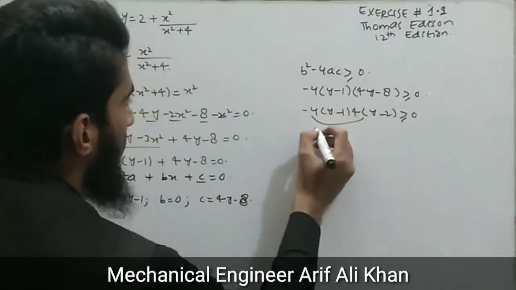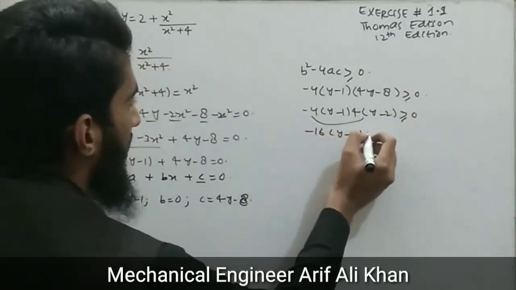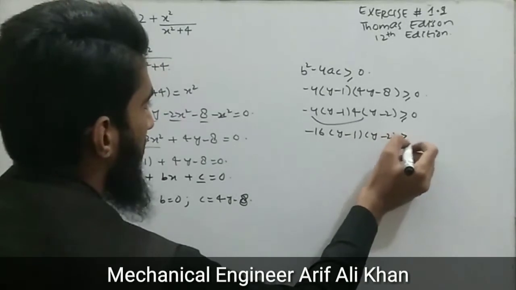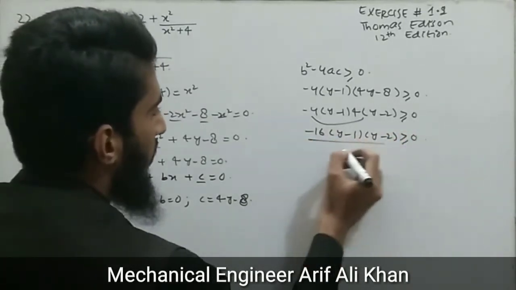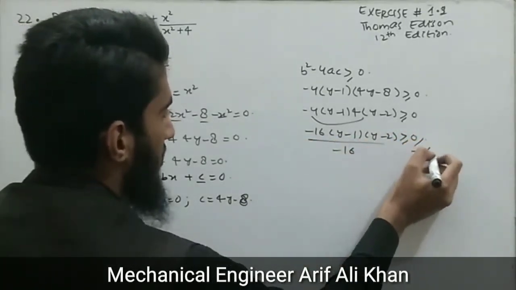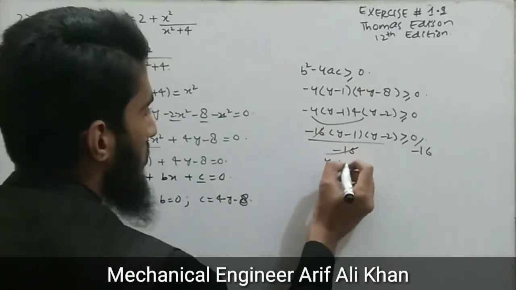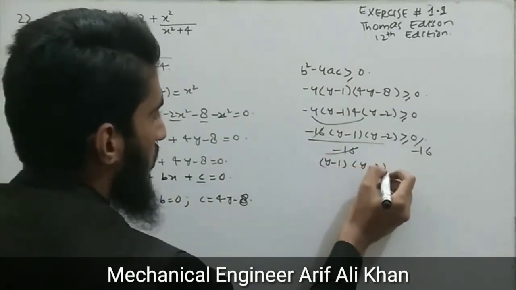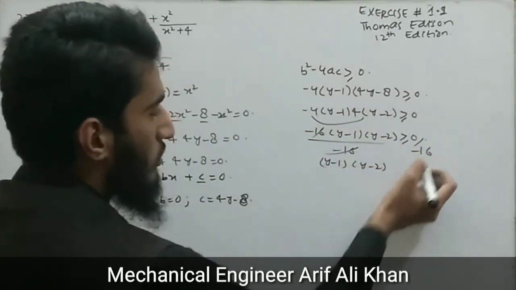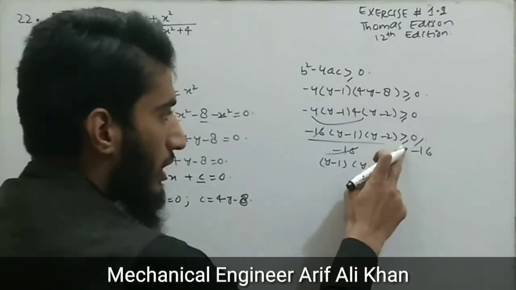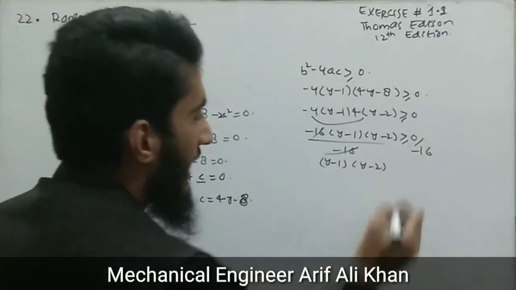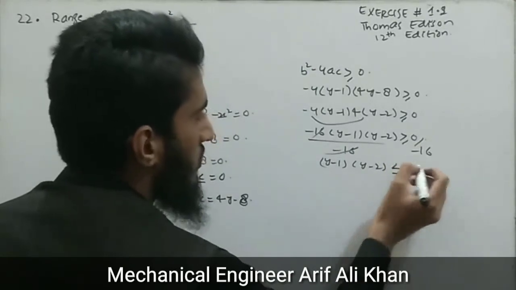Minus 4 into 4 gives us minus 16, (y minus 3) and (y minus 2) come down as they are, greater than or equal to 0. Divide both sides of the inequality by negative 16. So on this side we are left with (y minus 3) and (y minus 2), and over here 0 divided by negative 16 gives us 0, but the inequality will also be reversed because this is a negative sign. So it becomes less than or equal to 0.